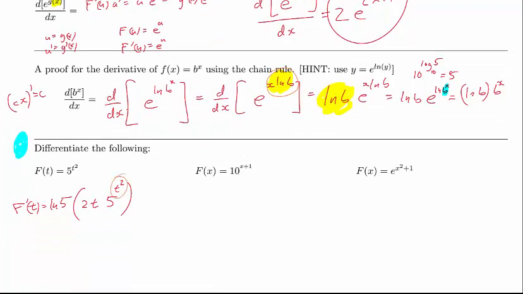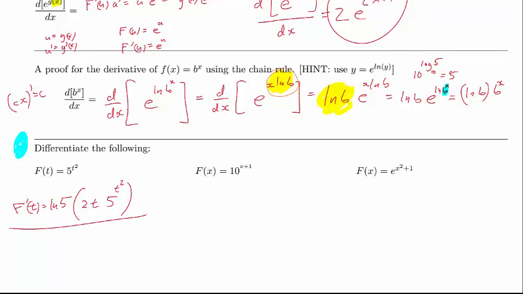This t squared became this 2t, the derivative of the exponent, and the exponent stays in there. So, like I said, very similar to the regular exponential problem with an e, but just with that little added step in there.